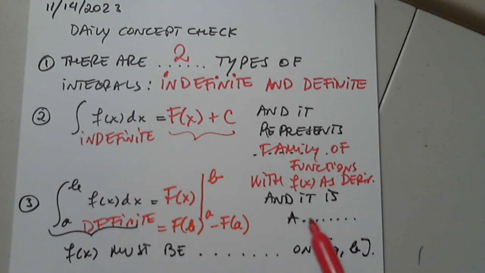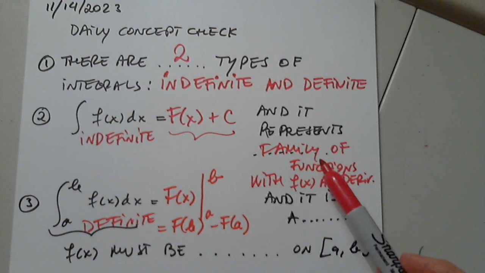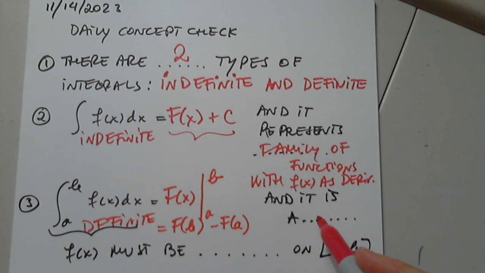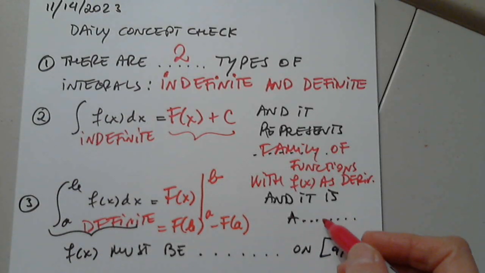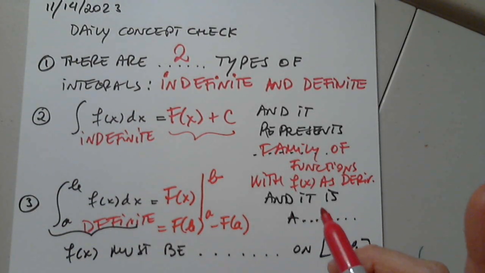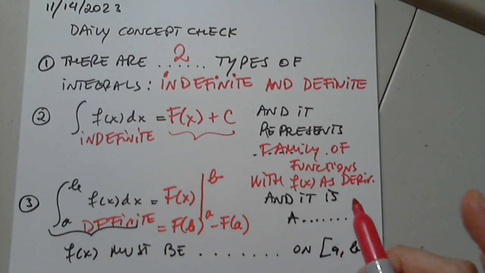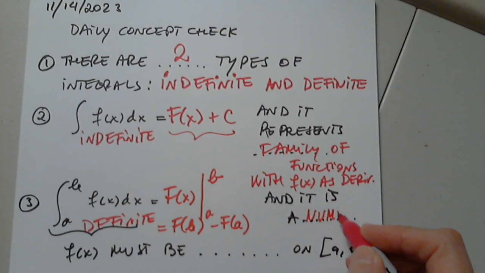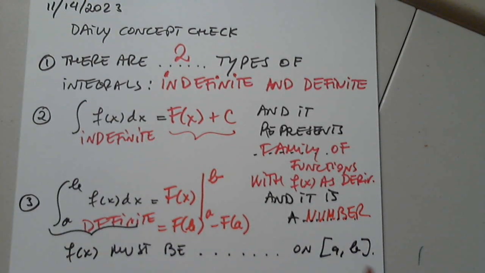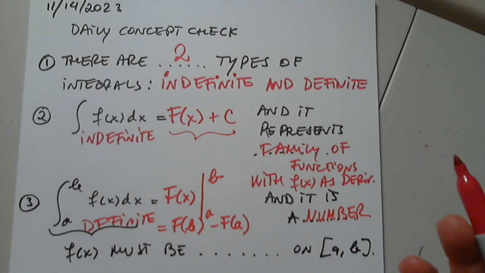Awesome, thank you. And will it be a function or will it be actually a number? Always a number. Yes, it is a number. So this is always a number: 15, 35, 99, 22, -5.